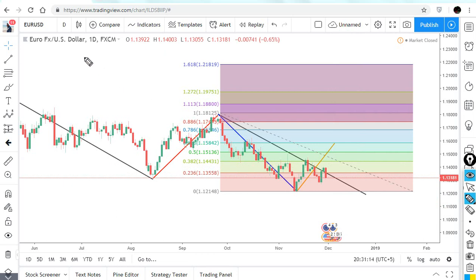Okay, now Aman, we got that impulsive waves are 1, 3, 5, right? And the correction will be 2 and 4, right? And then again impulsive will be 1, 2, 3, 4, 5, and again correction will be ABC, because you told us that the impulse wave carries 5 waves in it, and the correction will take 3 waves in it, right?